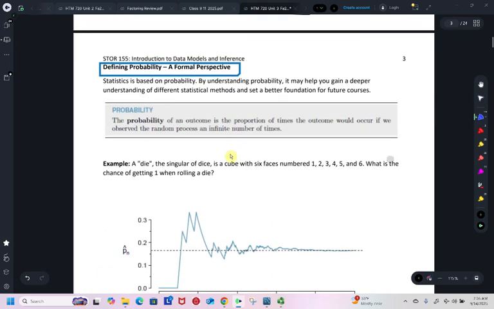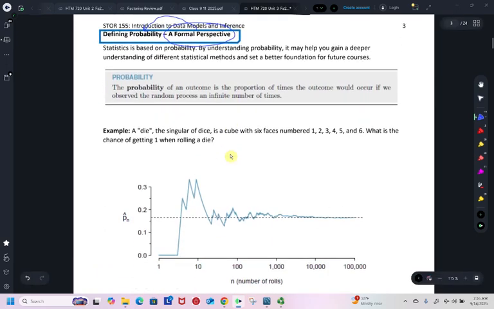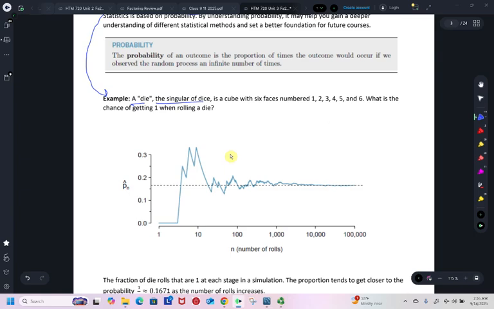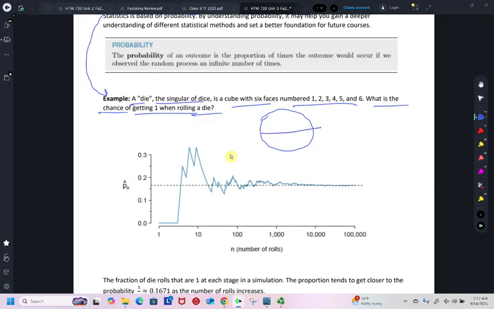What about a formal perspective to looking at probability? Let us consider an example of the formal perspective. A die, the singular of a dice, is a cube with 6 faces numbered 1 to 6. What is the chance or likelihood of getting a 1 when you roll that die? What do you think? Well, the die has 6 faces.